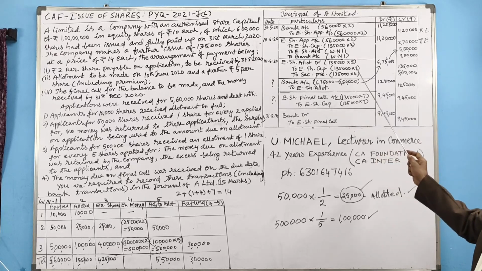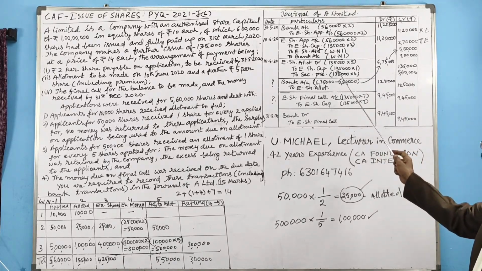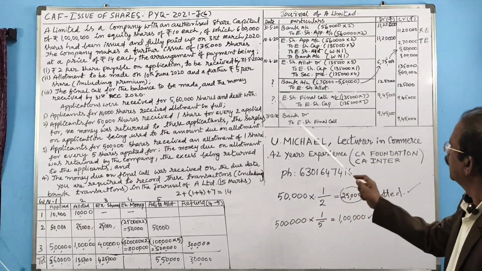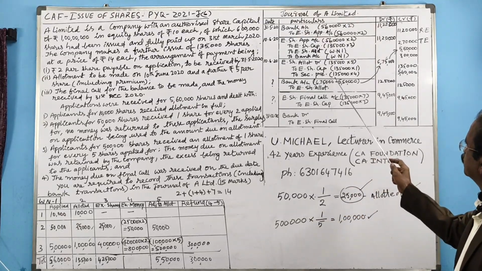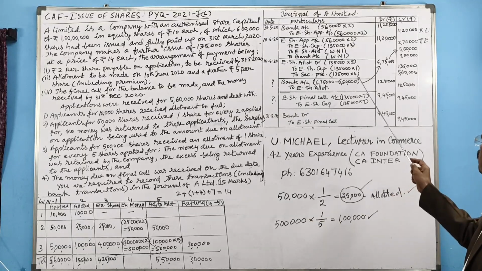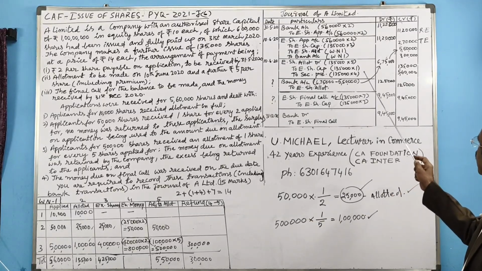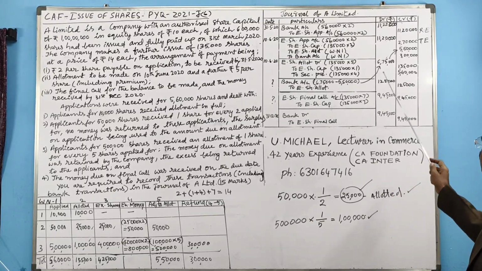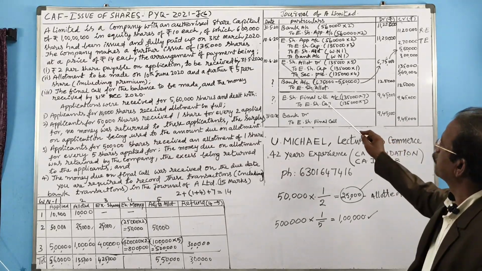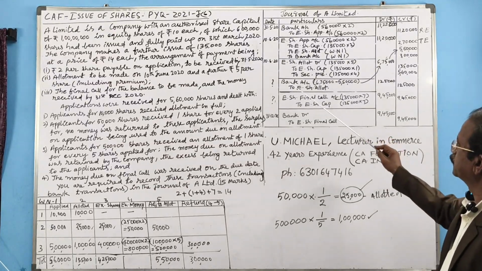So equity share capital: 1,35,000 into 1 rupee, and security premium: 1,35,000 into 4 rupees. Now you will get 1,35,000 and here 5,40,000. And after that, this is the due entry.